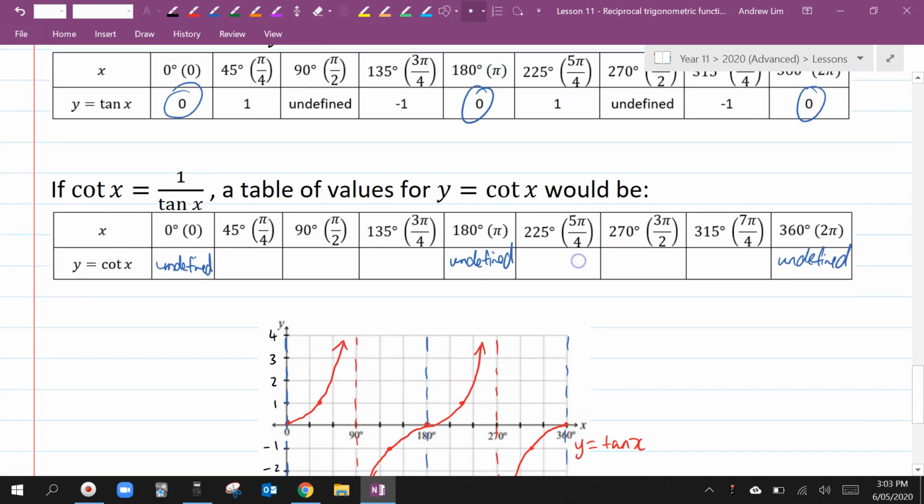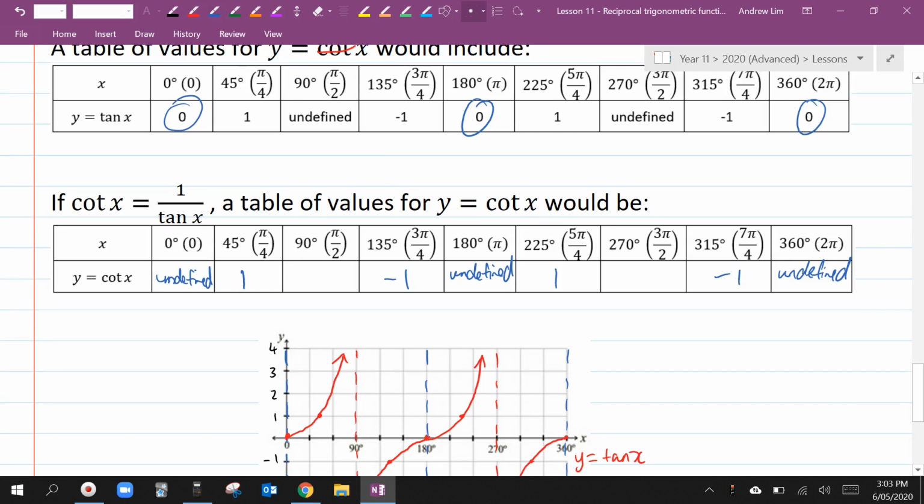Okay. 1 divided by 1, that's 1. That means that's 1. That means this is negative 1. And this is negative 1. Now, what do we do when we have 1 divided by undefined?